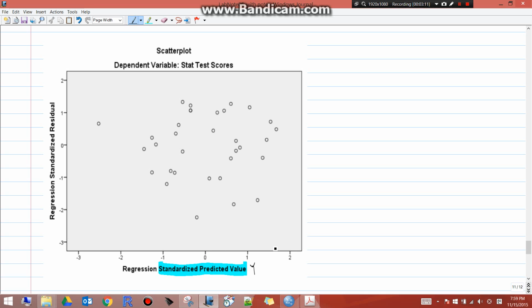And then this is the standardized predicted value of Y. What is the y-axis? The y-axis is the standardized residual.